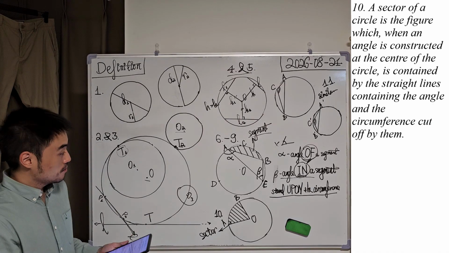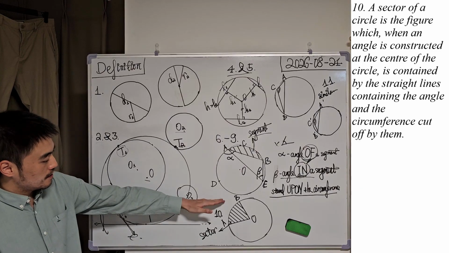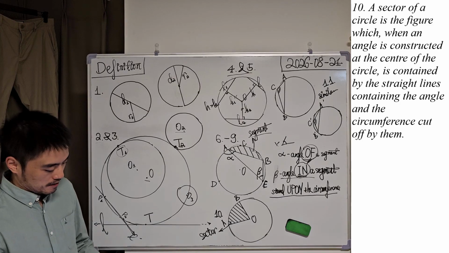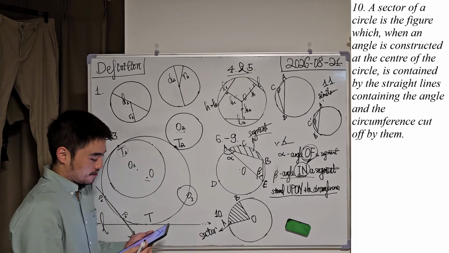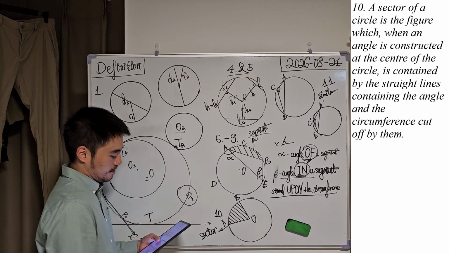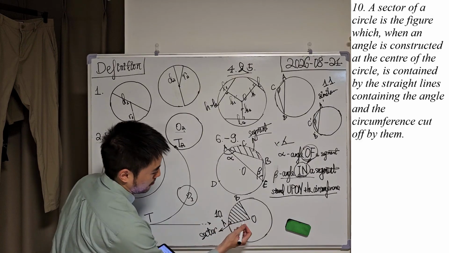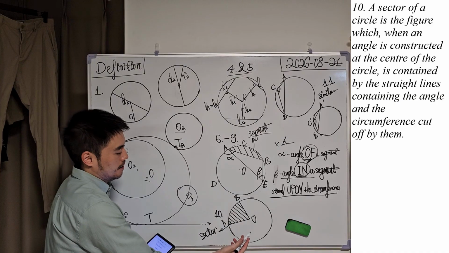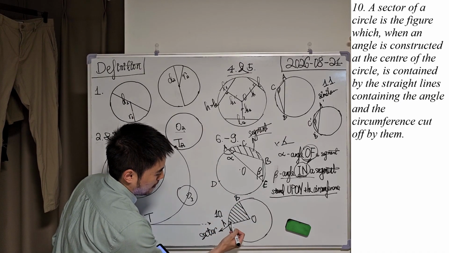And let's move to the last two definitions. So definition 10 declares another concept of figure, which is called a sector, okay? It says a sector of a circle is a figure when an angle is constructed at the center of the circle. For example, this is the center of the circle O, and we constructed a rectilinear angle, OB and OA together.